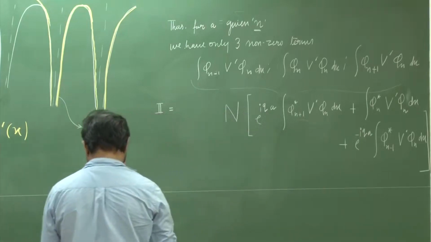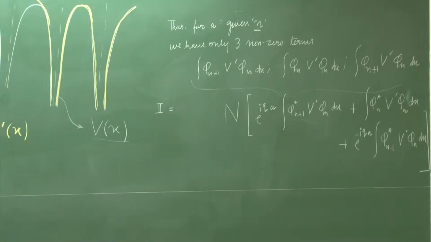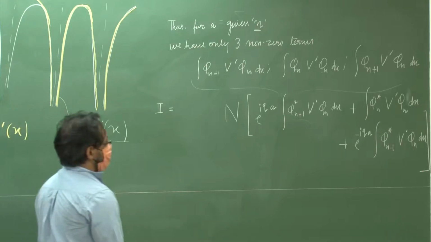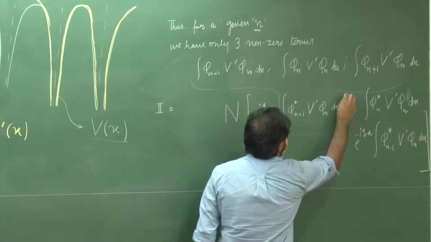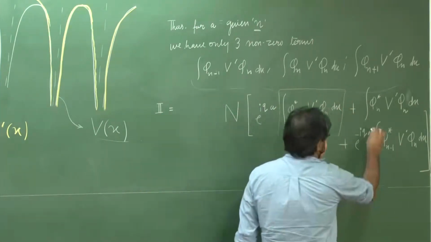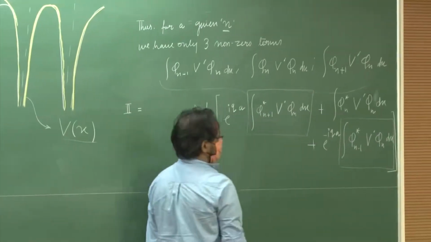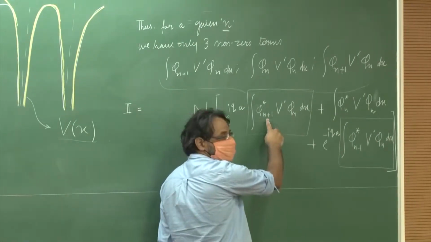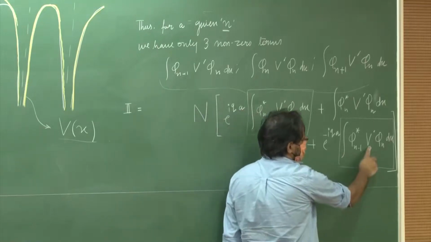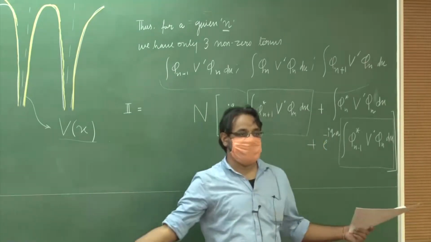Also, one more simplification: the value of this integration is the same as the value of this integration. This is the same quantity evaluated between the pair n plus 1 and n as between the pair n minus 1 and n, on the left hand side as well as on the right hand side.